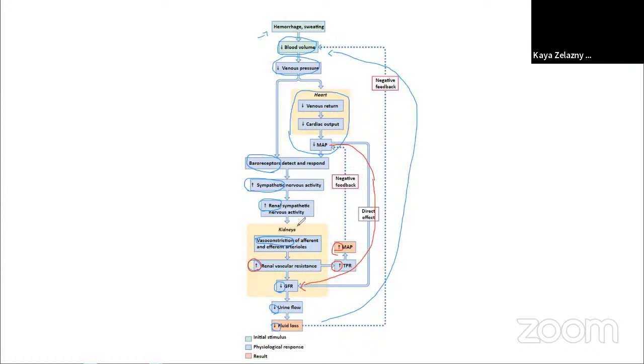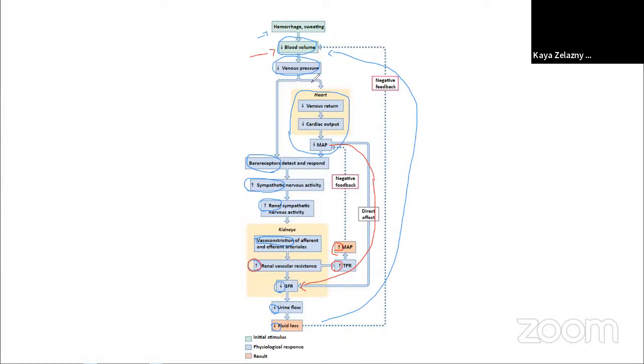We have a lot of different things going on here. But basically the sum of it, what you want to know is that we do react to drops in blood volume and drops in blood pressure by decreasing our fluid loss, partially using the activity of the sympathetic nervous system, so that we can keep blood volume up. That's ultimately the point here.